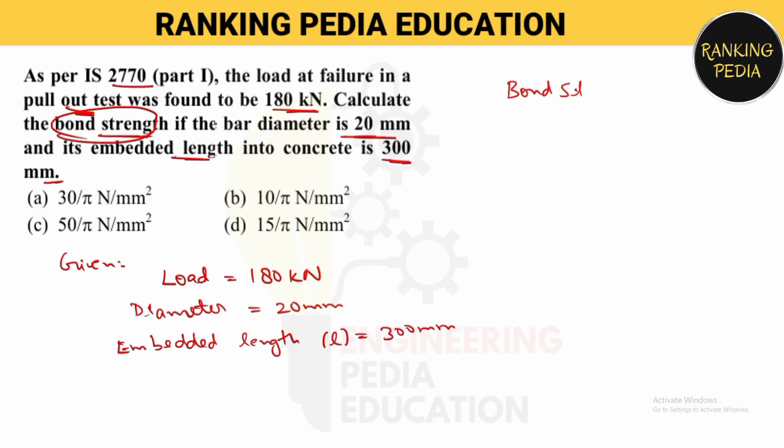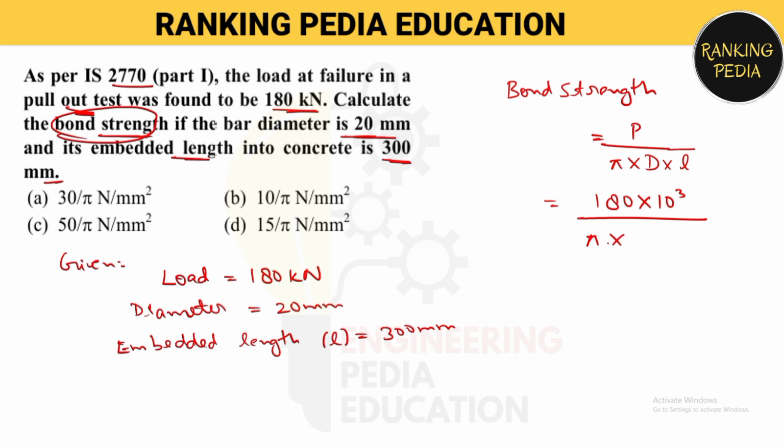Bond strength is load divided by pi into diameter into embedded length. Load is given as 180 kilonewton, so in Newton it will be 180 into 10 raised to the power 3, upon pi into d into l. Here the answer is to be given in terms of pi, so we will not put the value of pi.